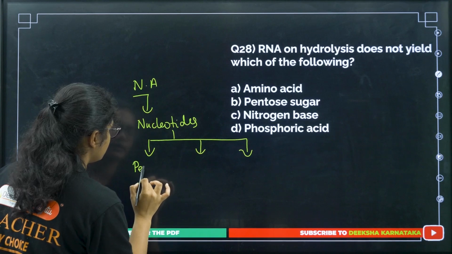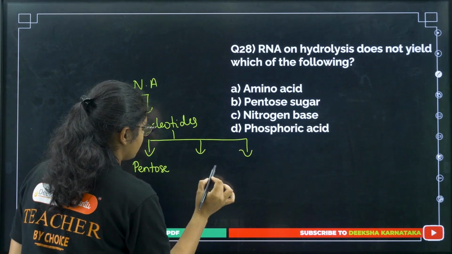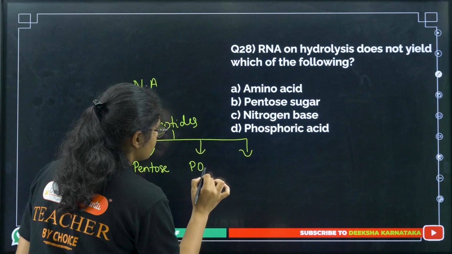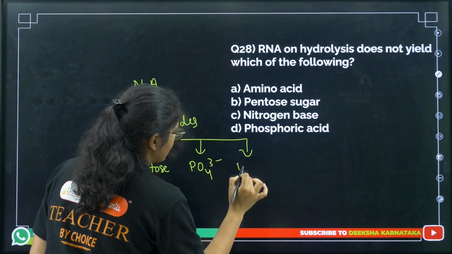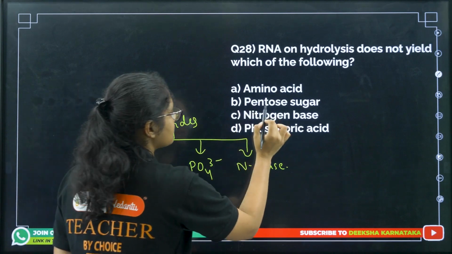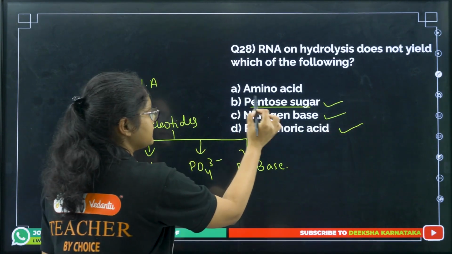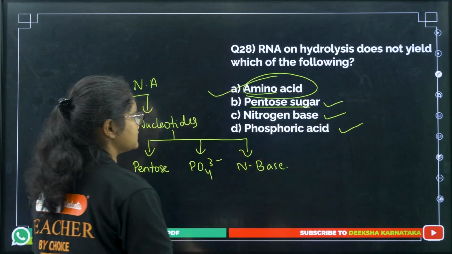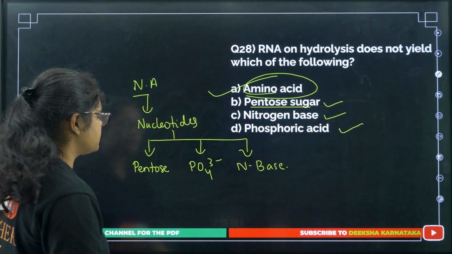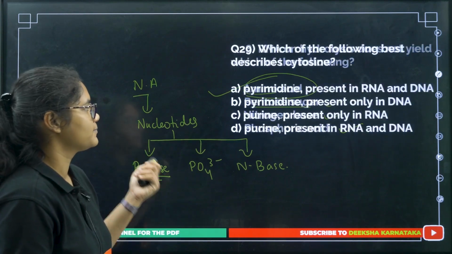A pentose sugar, okay, then you have a phosphate group and a nitrogenous base, right? There is pentose sugar, yes. Nitrogenous base, yes. Phosphoric acid, yes. There is no amino acid. So correct answer is option number A. Now which sugar is present in the RNA? You need to comment down in the answer.